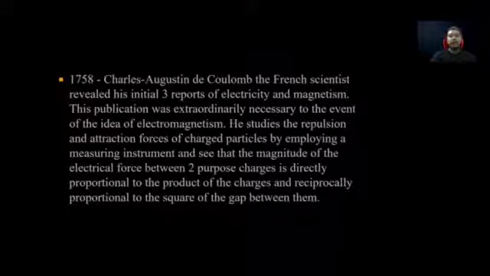He studied the repulsion and attraction force of charged particles by employing a measuring instrument and saw that the magnitude of the electrical force between two point charges is directly proportional to the product of the charges and inversely proportional to the square of the distance between them.